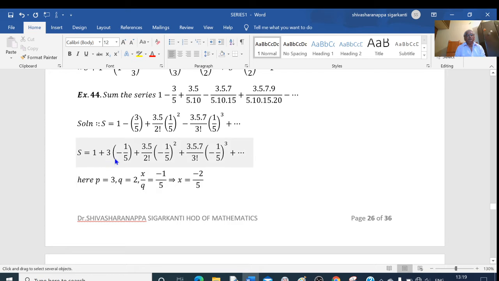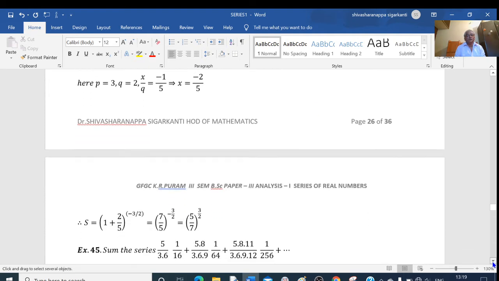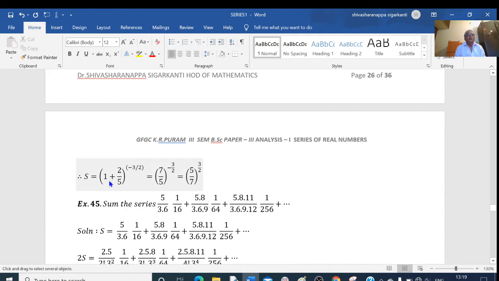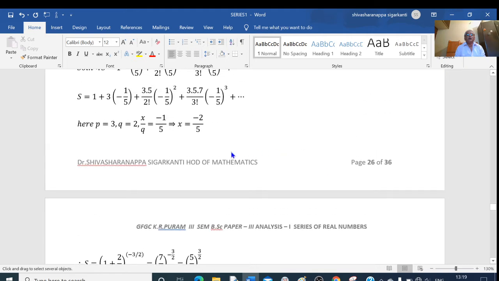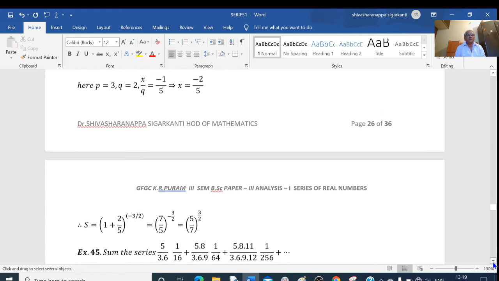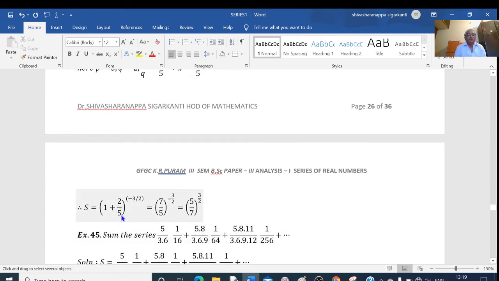So therefore this can be written as 1 minus x to the power of minus p by q. That is, this sum s is equal to 1 minus x, where x is equal to minus 2 by 5. 1 minus x means 1 minus of minus, that is 1 plus 2 by 5, to the power of minus p by q, with p equal to 3, q equal to 2.